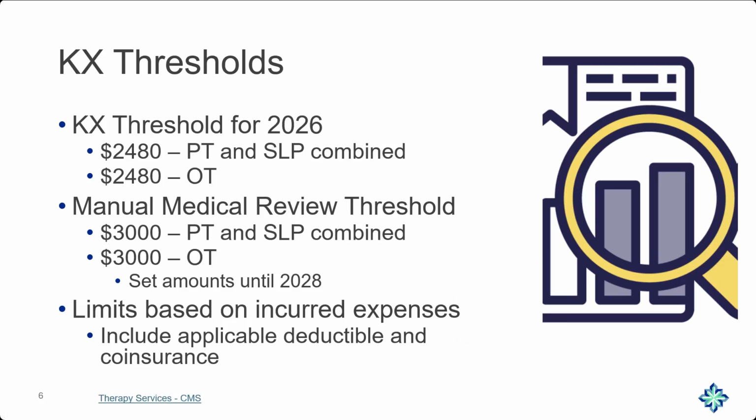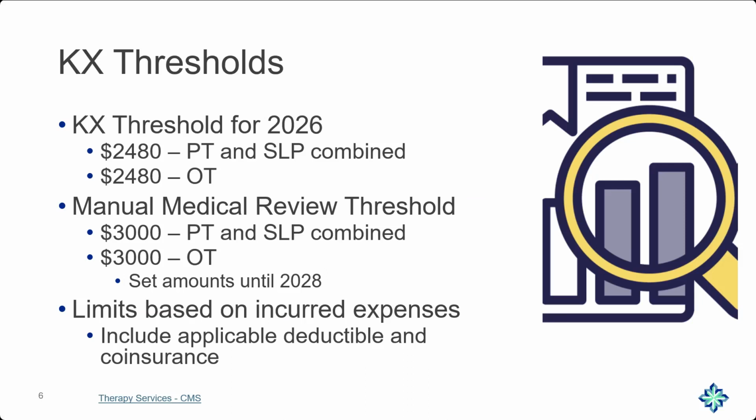So let's talk about these thresholds themselves. So the KX modifier, again, is a billing modifier, and it's appended to an outpatient therapy claim. And that allows you, the billing provider, again, to attest to the fact that you need to continue doing medically necessary services for your beneficiary. So each year, there's a new threshold amount. So the lower amount, that is considered the KX threshold amount.